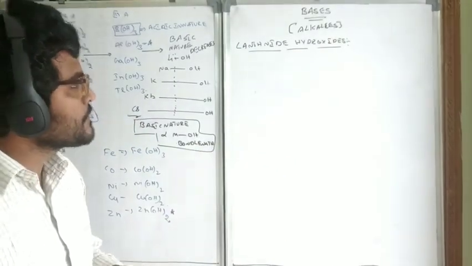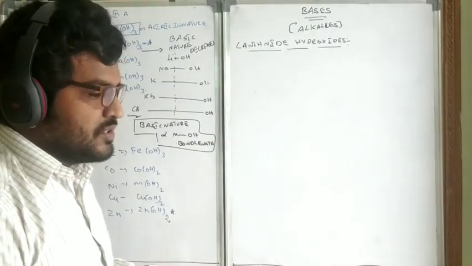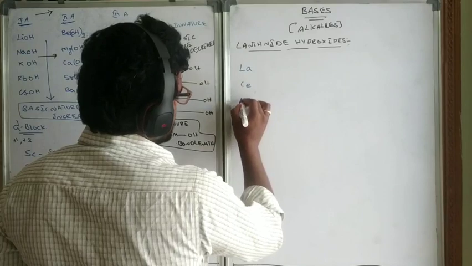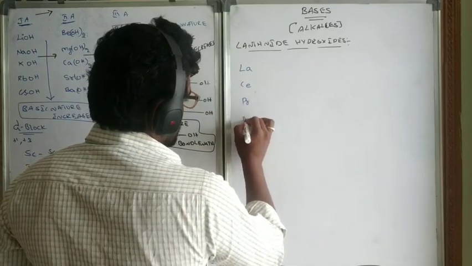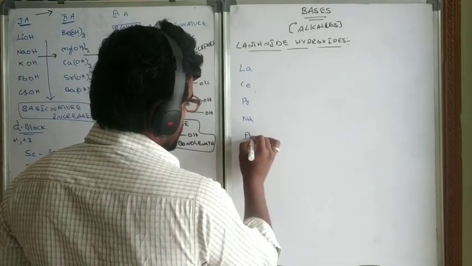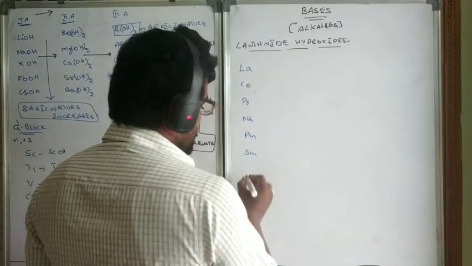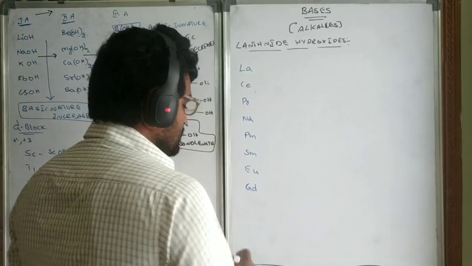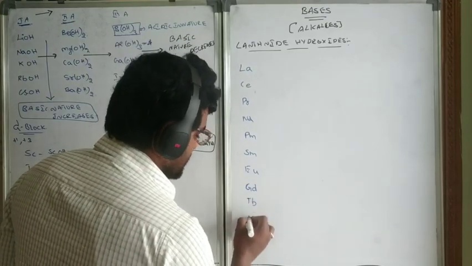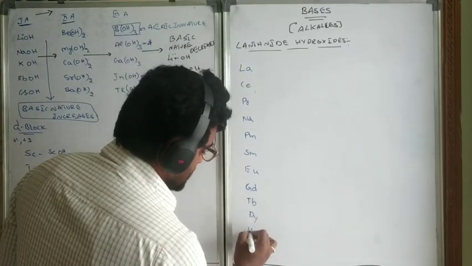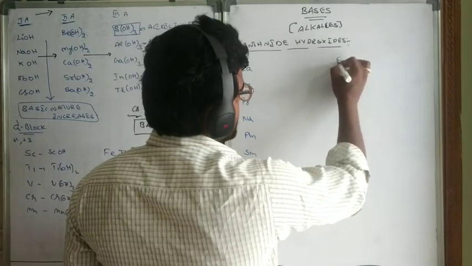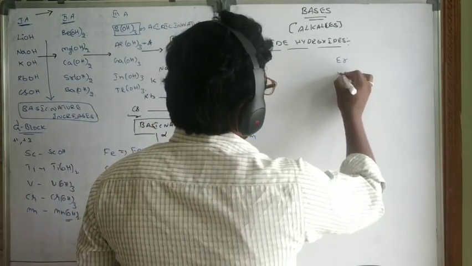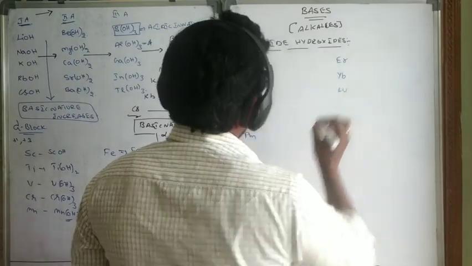Let's see the lanthanide elements. What are the lanthanide elements? Lanthanum, cerium, praseodymium, neodymium, promethium, samarium, europium, gadolinium, terbium, dysprosium, holmium, erbium, thulium, ytterbium, lutetium.